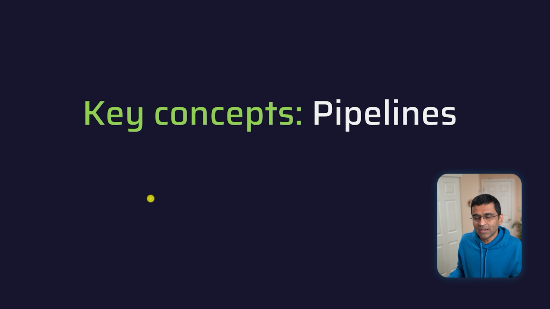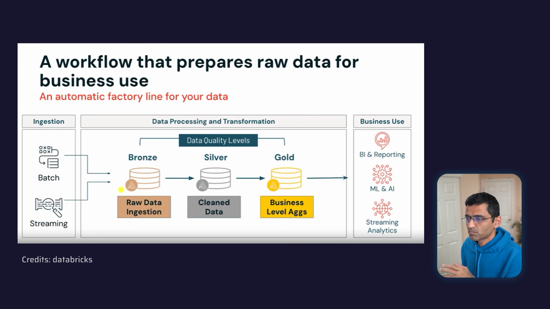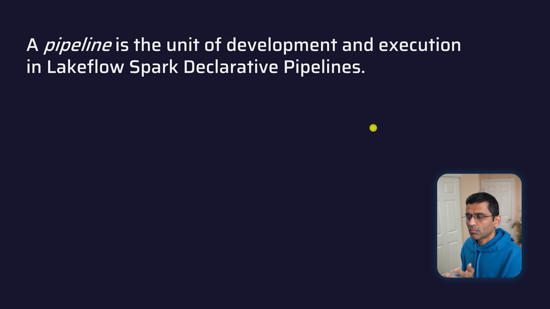Then there is pipeline. Data pipeline is a common concept that we all know. Essentially, you have raw data and business data as your destination, and whatever you do in between can be done through a pipeline. Usually we have bronze, silver, gold layer transformation. Okay, so this is your pipeline. Data flows through it and it gets enriched. You clean data, you create business ready columns, and so on. This whole thing is your pipeline.